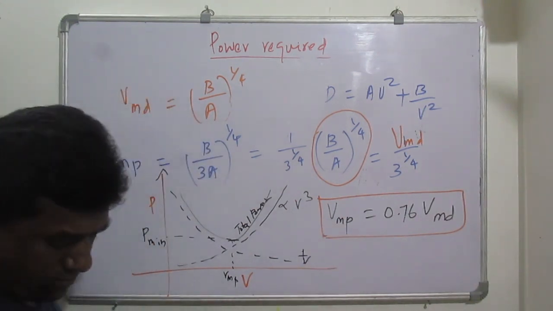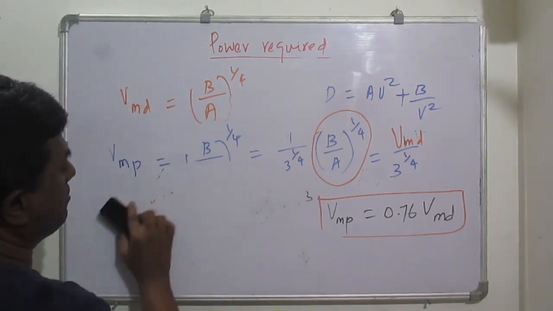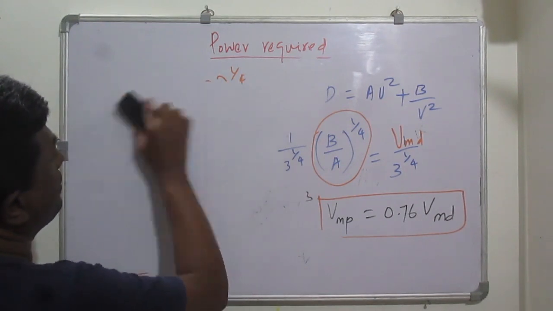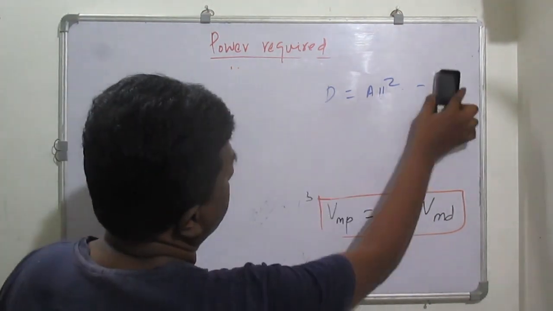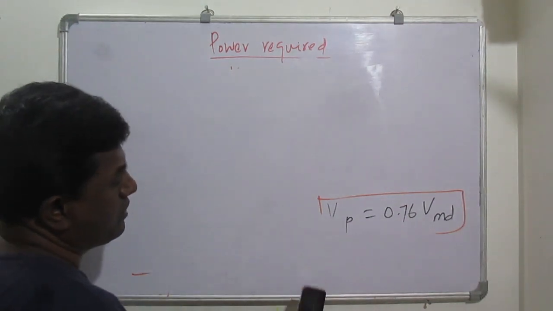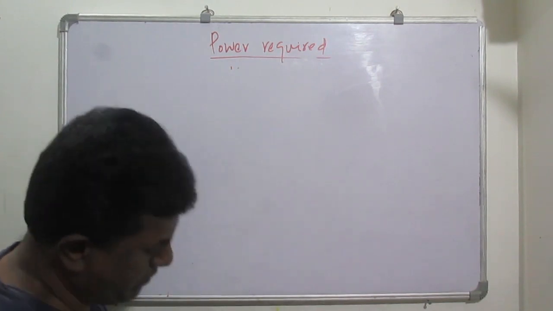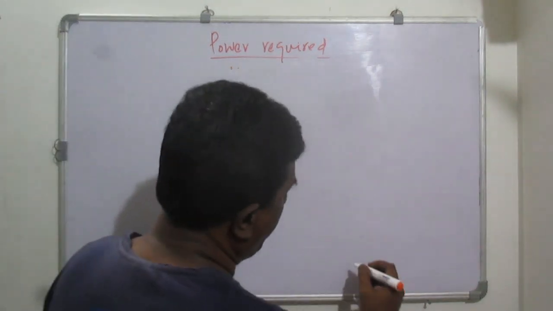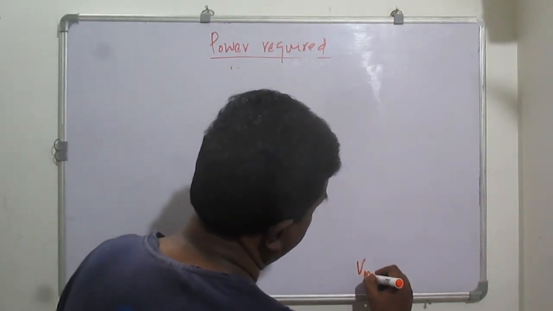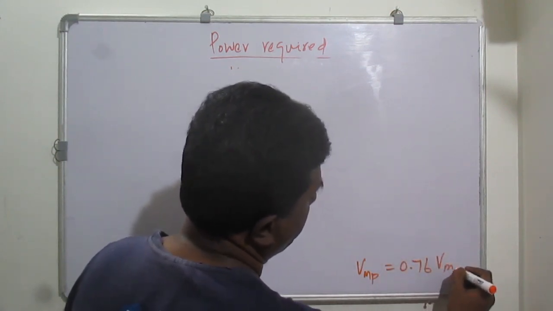So that is one way. Now let us find the CL minimum power and CD minimum power. Let us keep it somewhere, so that velocity at minimum power equals 0.76 velocity at minimum drag.